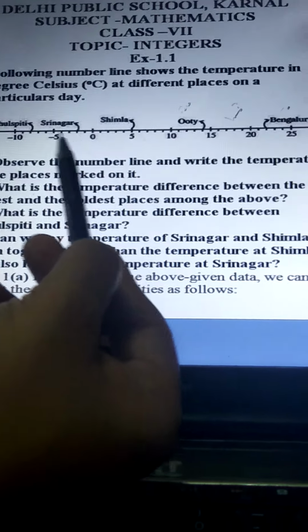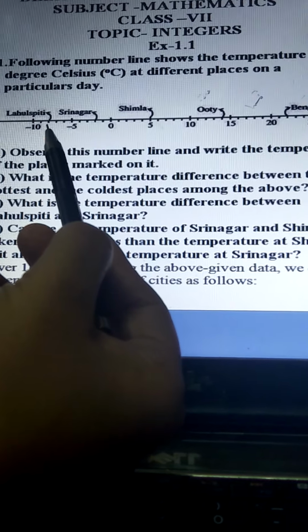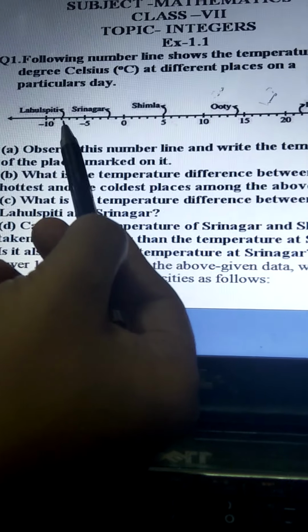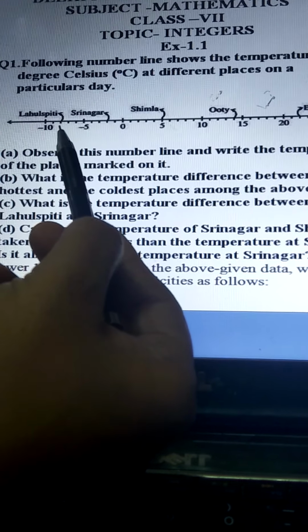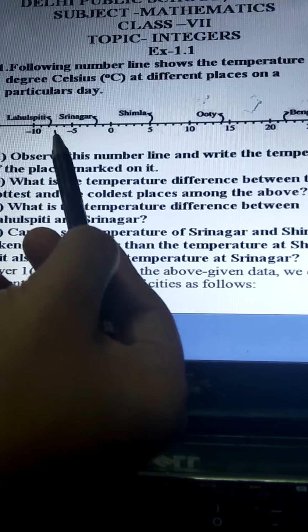So here we have to first of all find out the temperature of Lahaul Spiti, which is on the left of 0, so the temperature must be negative. So let us find out what is the temperature of Lahaul Spiti.